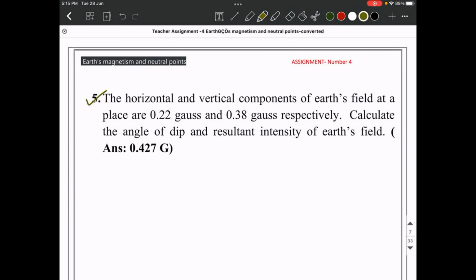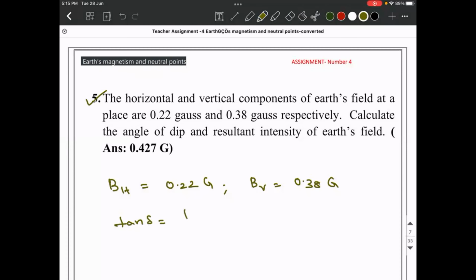Calculate the angle of dip and the resultant intensity of the Earth's field. Simple. So what are the given data? Horizontal component is 0.22 Gauss. Vertical component is 0.38 Gauss. Calculate the angle of dip.